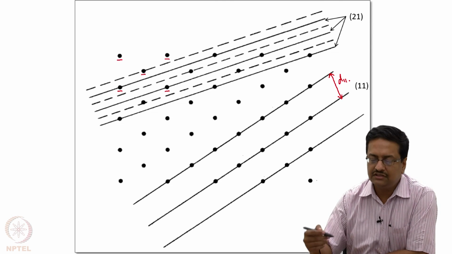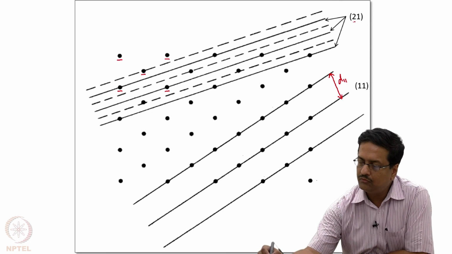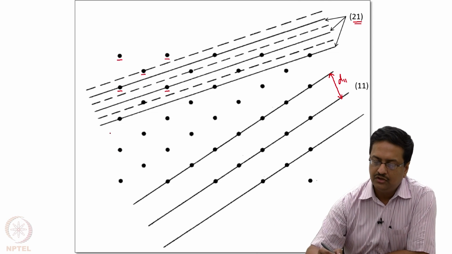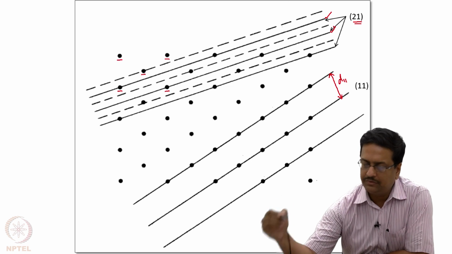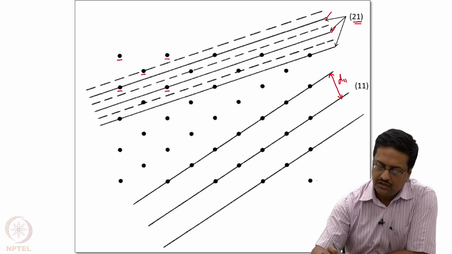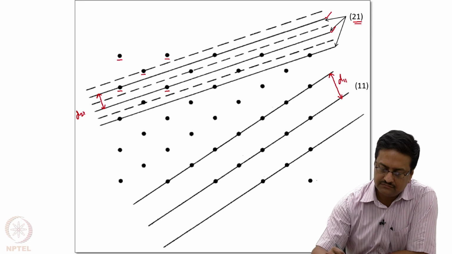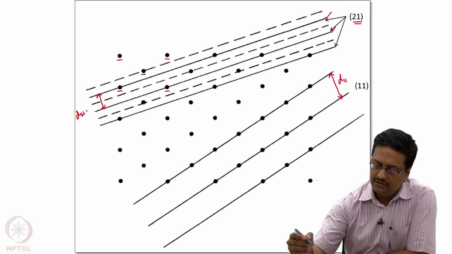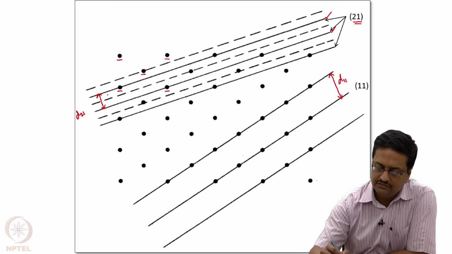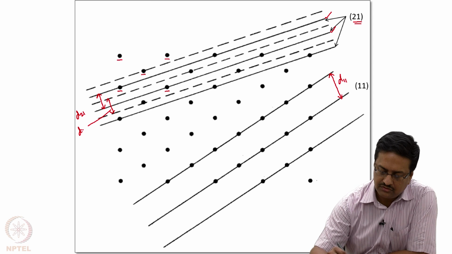But in this case of the 2, 1 set of reflections, suppose the dark lines are parallel and the interplanar distance is d21. Once again, the lines which are dashed lines, the distance between them is also d21.